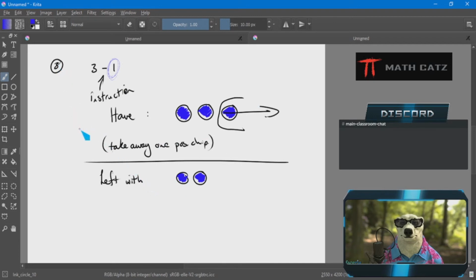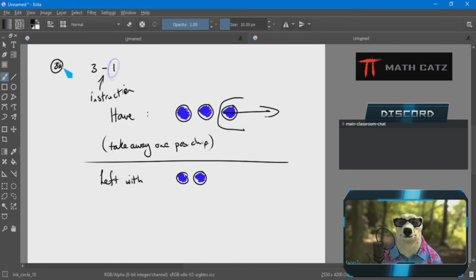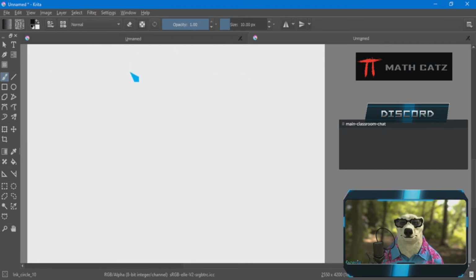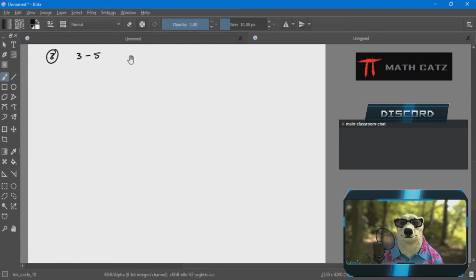So this was 3a, right? I lost the a. If I now go to the actual 3 in the book, it is 3 minus 5. Oops, we didn't write the answer here, did we? Obviously 2. Well, the answer is important, but it's hardly challenging for us.